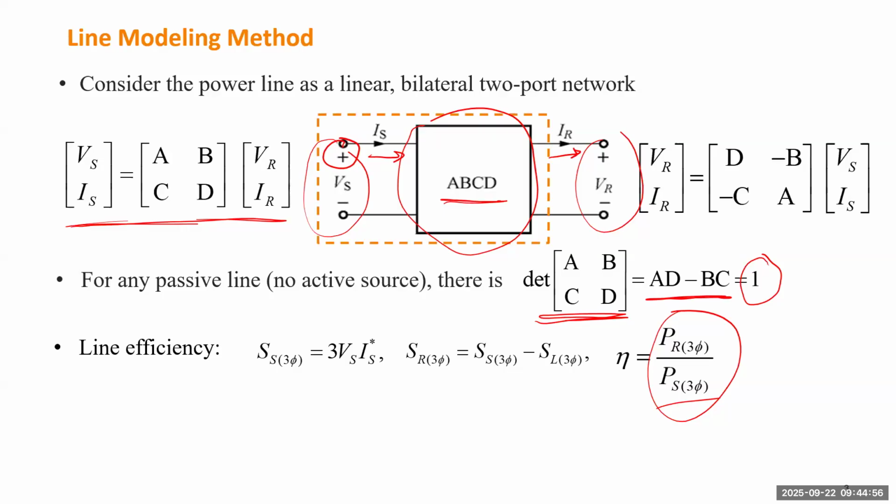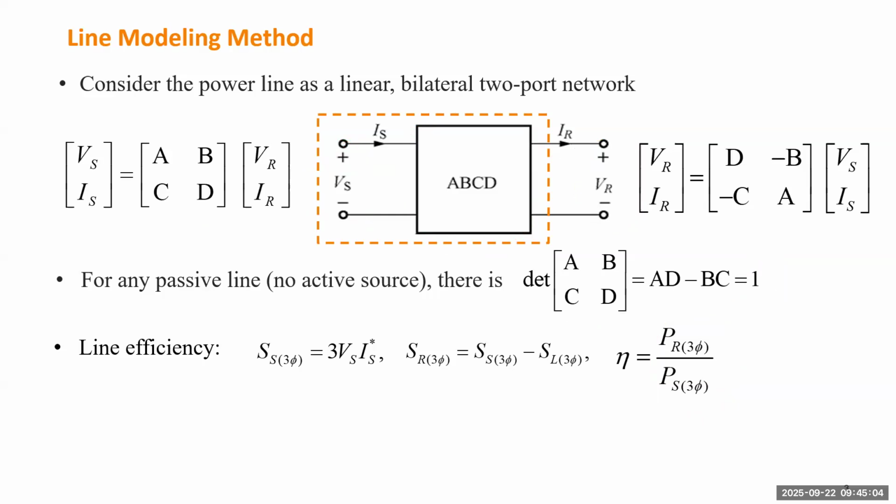Another thing we can calculate will be the voltage regulation, because here we can treat the source on the left hand side, together with the line, as a source. Everything in this box as a source. Then we can evaluate the voltage regulation.